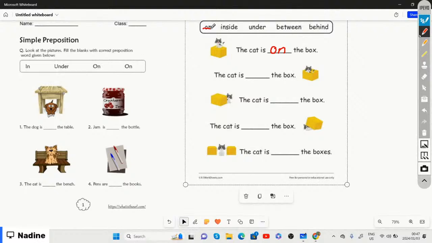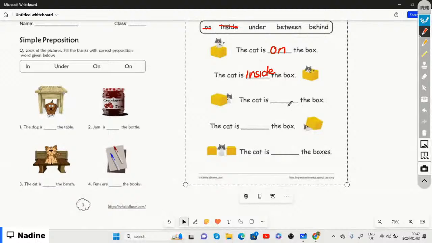Is it inside the box, under the box, between the boxes, or behind the box? All right, so we can say the cat is inside the box. It's inside the box, right?